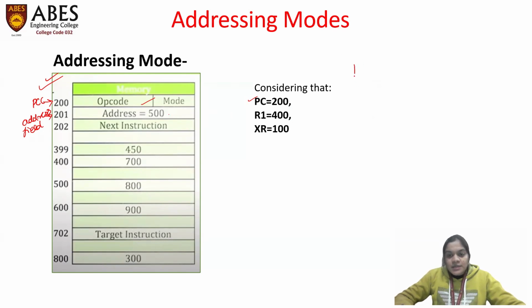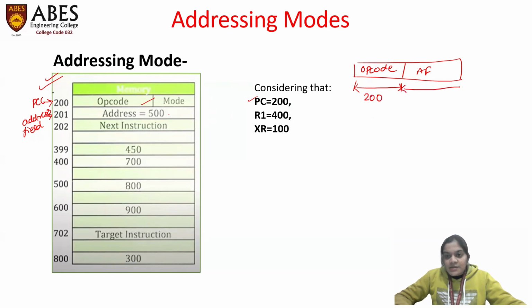So consider that you have an instruction. This instruction comprises opcode and address field. Inside the memory section, this complete opcode section is stored at the address location 200, and this address field section is located at address location 201.